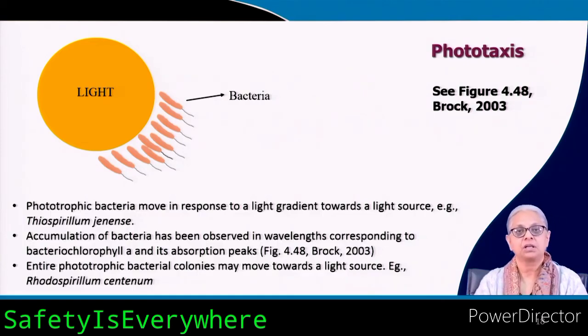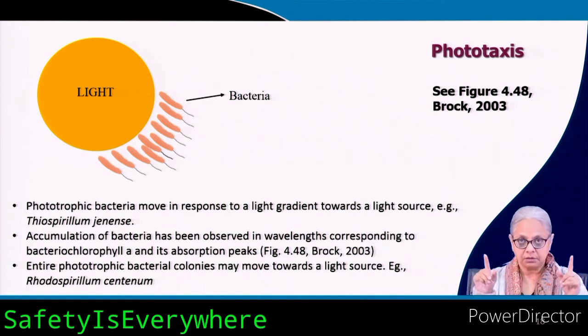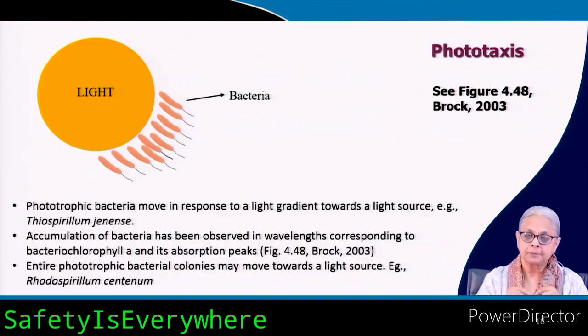Another example that's very interesting is based on the chlorophyll. We know that chlorophyll has absorption peaks at certain wavelengths. So it was found in one particular experiment that if you have a glass slide exposed to different wavelengths of the visible light spectrum, particular species were congregating literally in those wavelengths which corresponded to the bacteriochlorophyll absorption peaks.